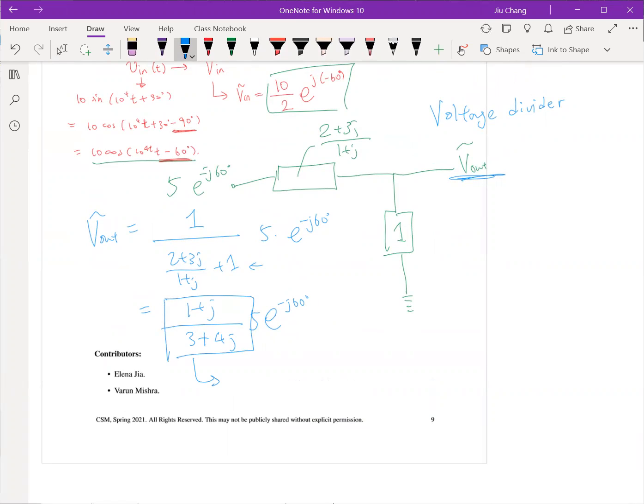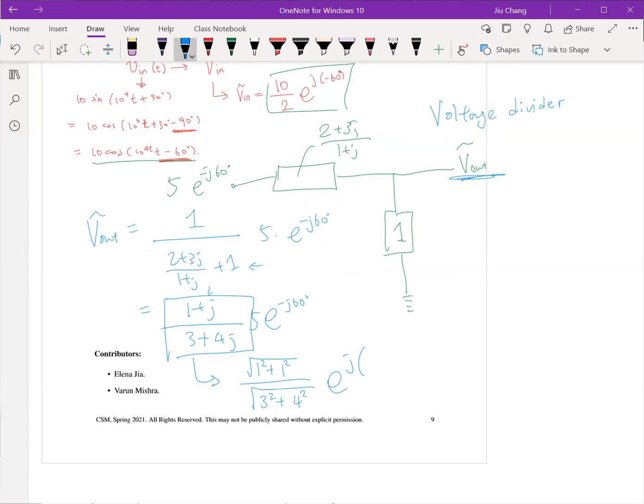So we first solve for the magnitude, which is just 1 squared plus the imaginary part here is 1 squared, and the magnitude for the denominator is 3 squared plus 4 squared, and then the phase. So remember, we use a subtraction of phases for complex number division.